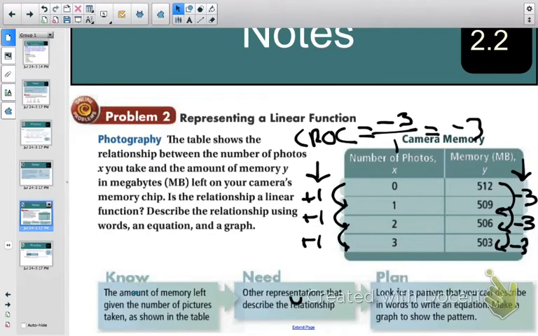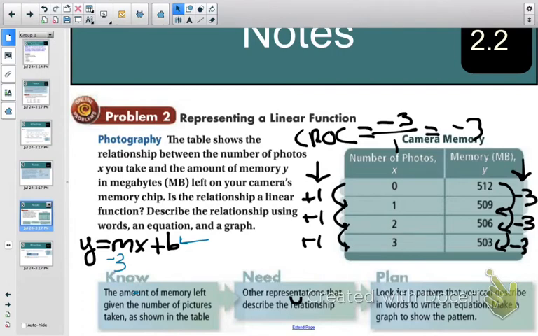To make an equation out of that, we know this is linear, so it's going to be in the form y equals mx plus b, where m is your slope or your constant rate of change, and b is your y-intercept. So for m, we plug in our constant rate of change, which is negative 3. And b is going to be our y-intercept, which is the y value when x is 0.